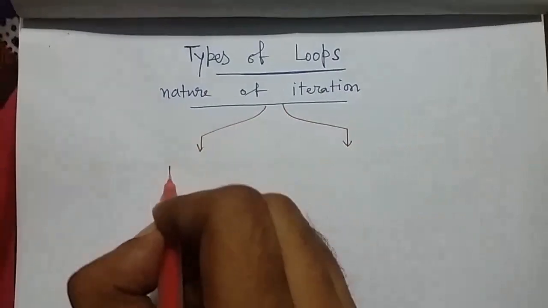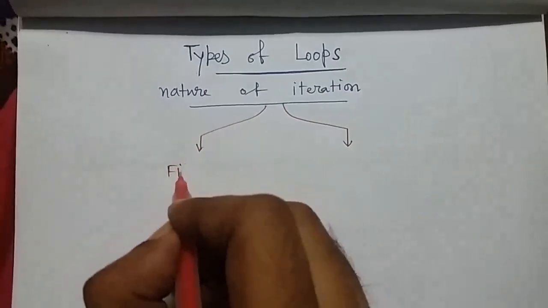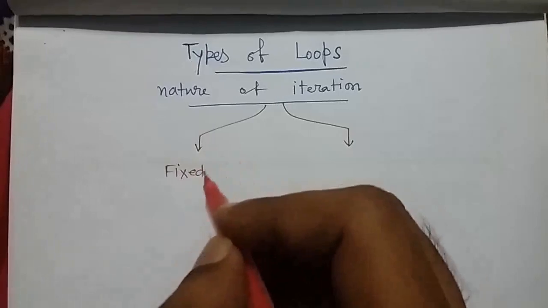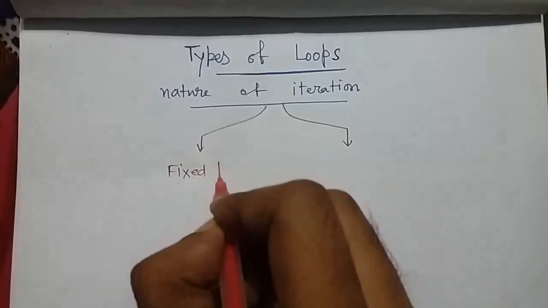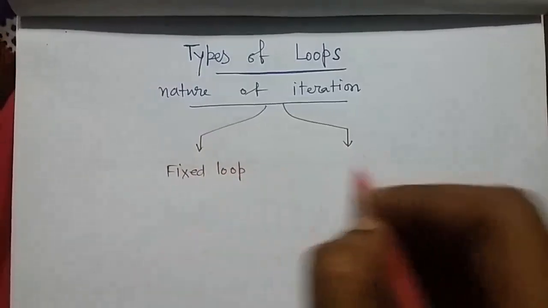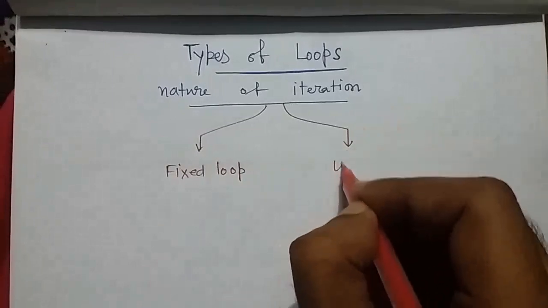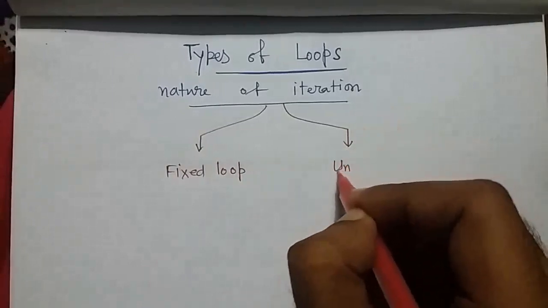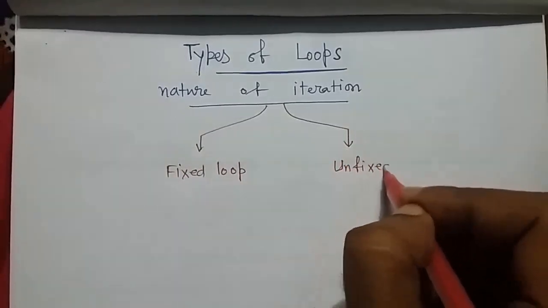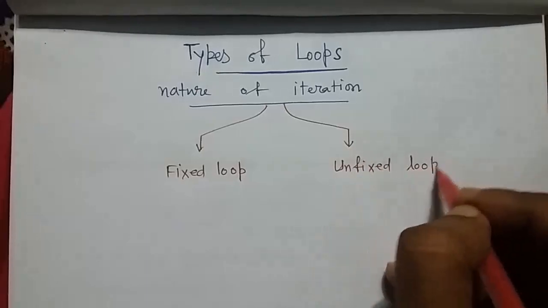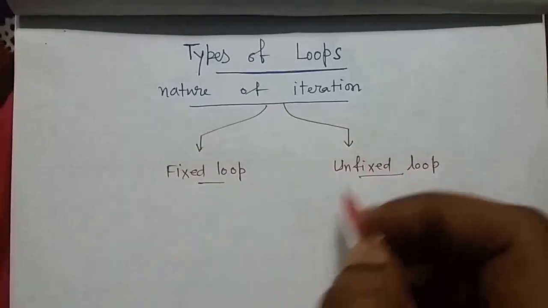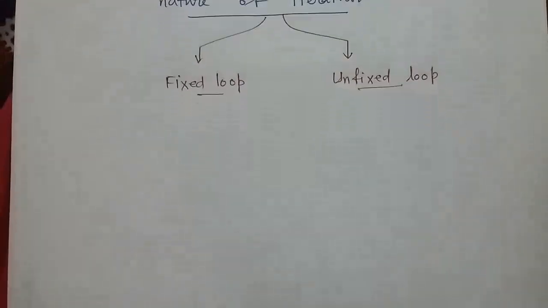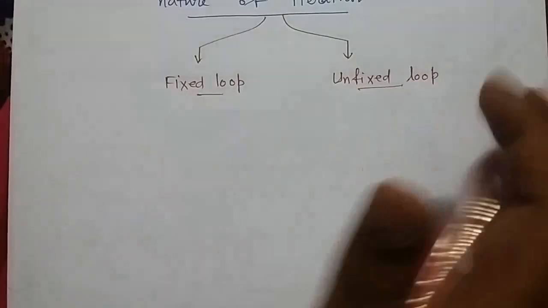Number one is the fixed loop, and number two is the unfixed loop. So first, let's discuss the fixed loop.